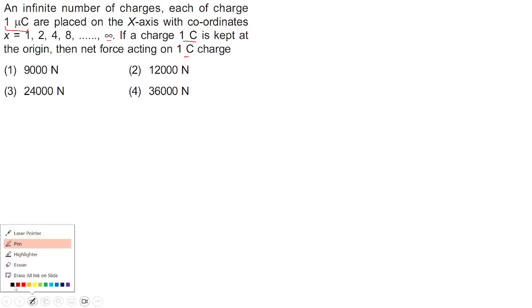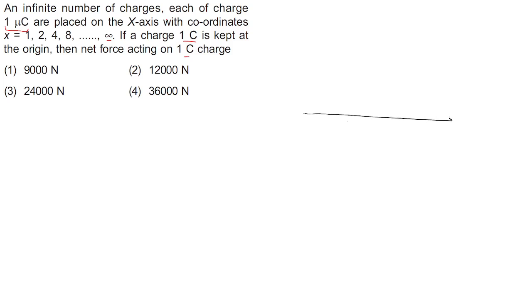Okay, so first of all let me draw the coordinate system. This is the x-axis and suppose this is our origin, and at the origin a 1 coulomb charge is situated, and at x equal to 1, 2, 4, 8 and so on up to infinity, 1 microcoulomb charges are placed.